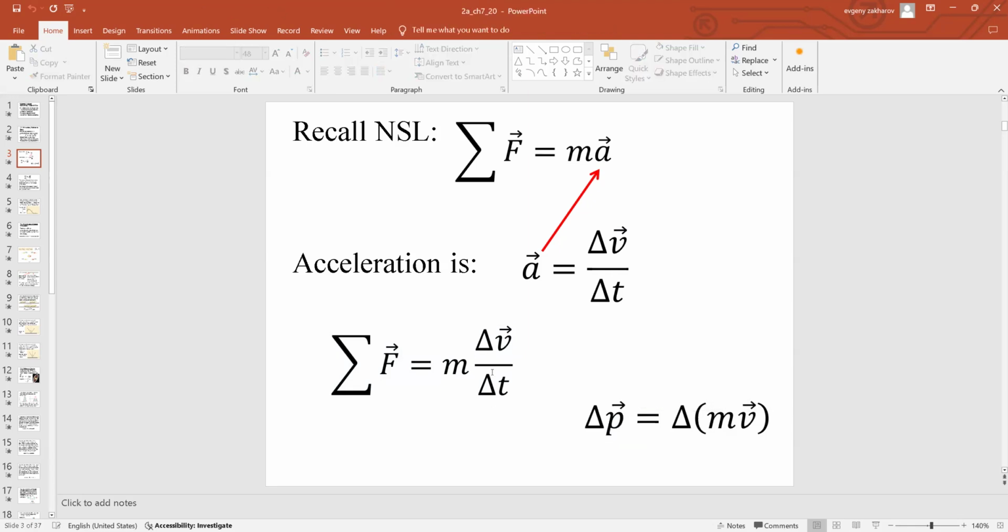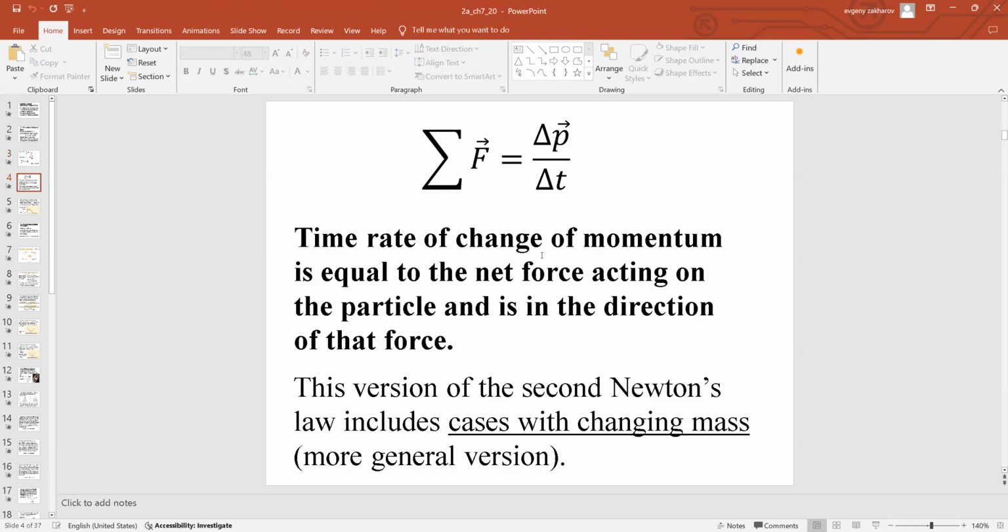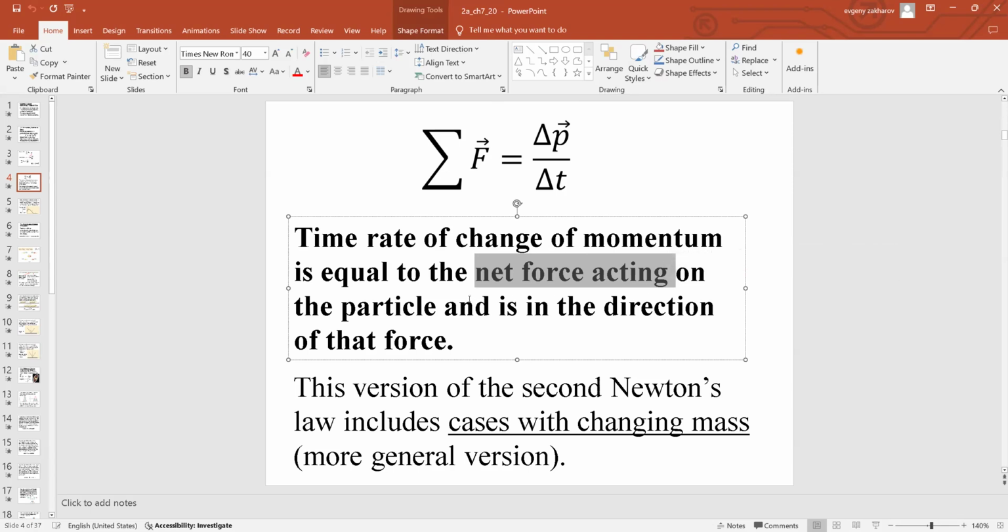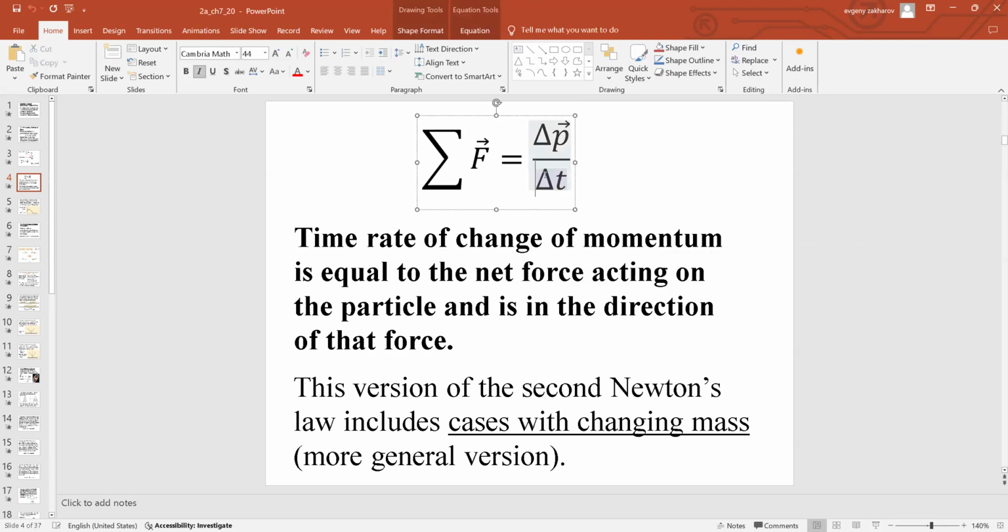So your m times v is replaced with the change in momentum. So the rate of change of momentum is equal to the net external force acting on the particle. And what's the direction of that net external force? It's the same as the change in momentum.